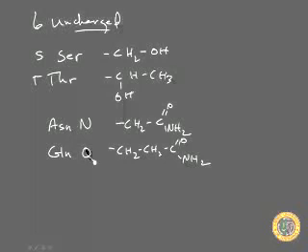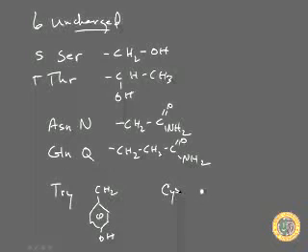Cysteine is particularly unique because it contains a thiol group that's capable of being oxidized and form a dimer or a disulfide bond with another cysteine residue. And this dimeric compound is often used in the quaternary structure of proteins.